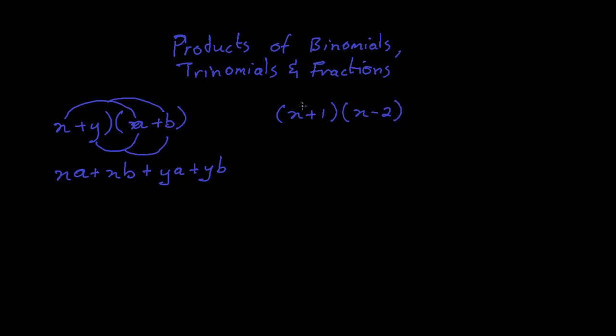Okay, so remember, the first x is gonna multiply everything in the second bracket, meaning this x will multiply the x there, and it will also multiply the negative 2. Then this one is gonna multiply the x there, then also multiply the negative 2.